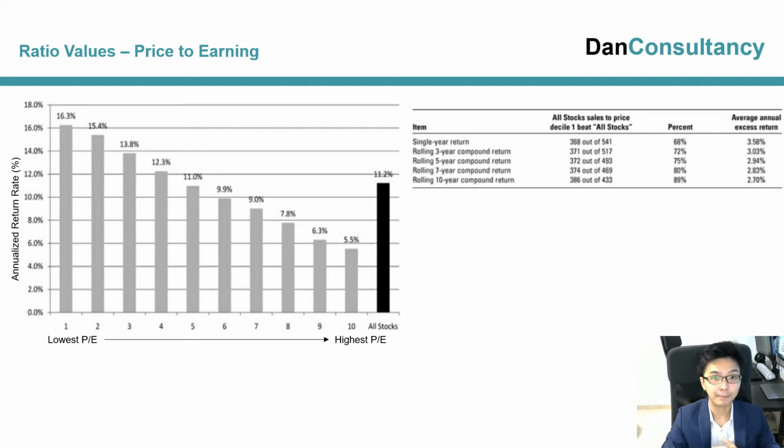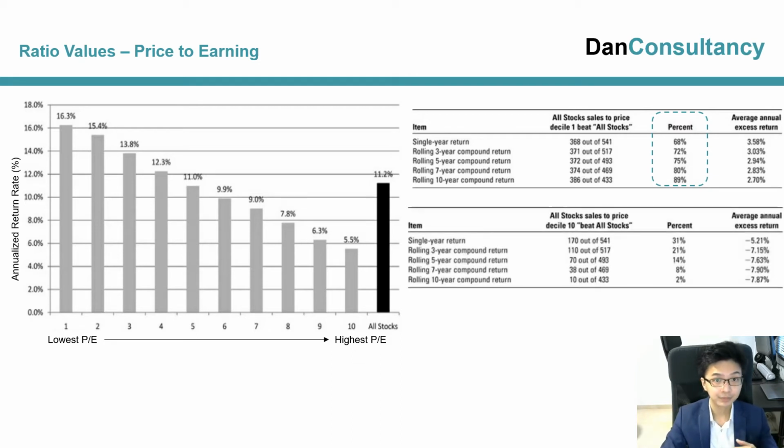Furthermore, if we were to look at the base rates, which measure the probability of beating the entire investment market, you will realize that the group with the lowest price to earning ratio had a very high probability of outperforming the market. And what's more, this probability increases as your investment duration increases.